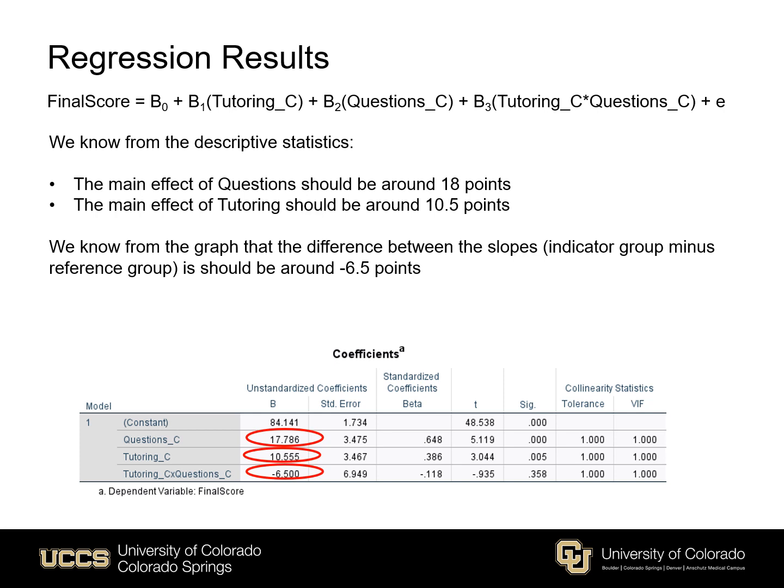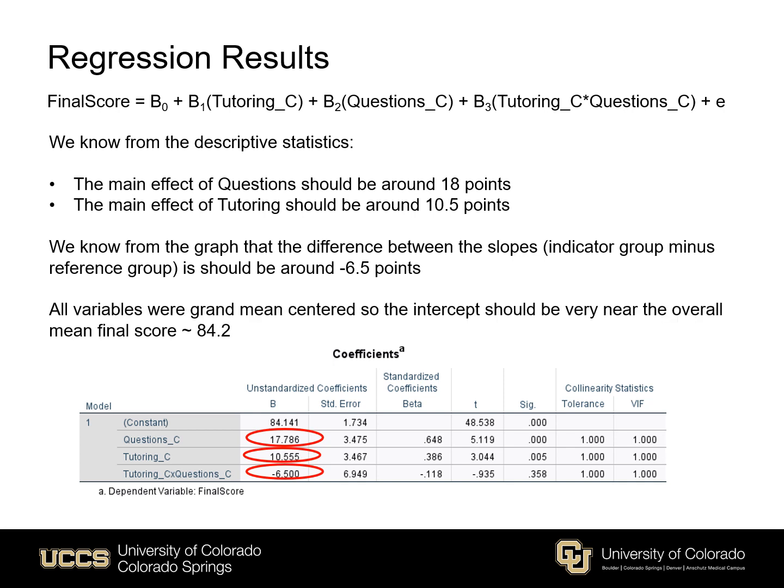And just one other thing to notice is that all the variables in this model are grand mean centered, which means that our intercept should be the overall mean of the dependent variable, which is final score. And we saw in our descriptive statistics that the grand mean of all the final scores, regardless of group, is 84.2, and that's being estimated again by the intercept of the model, B0.